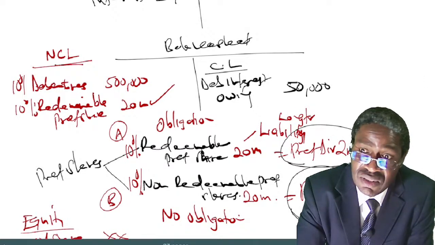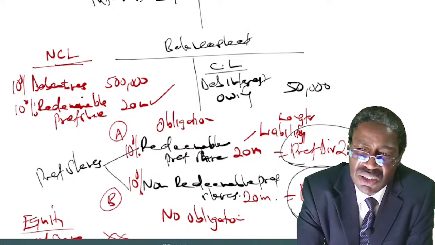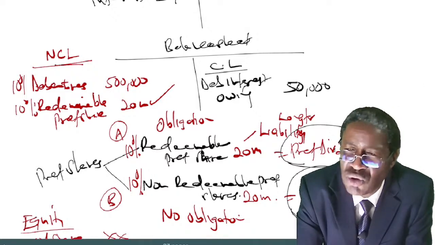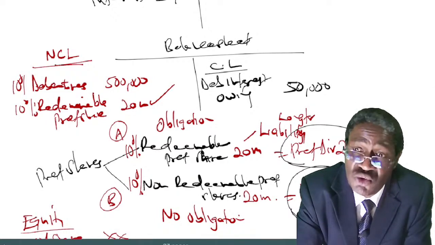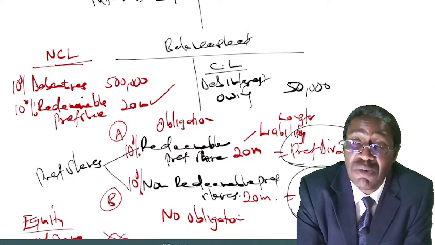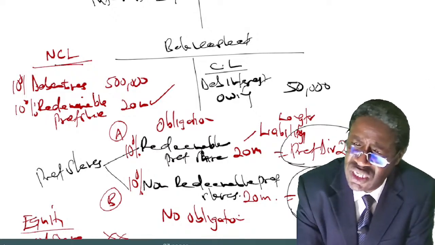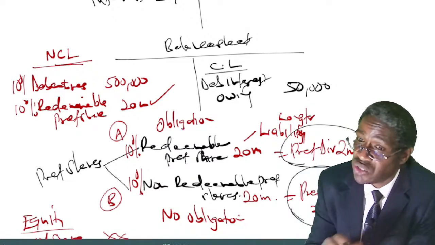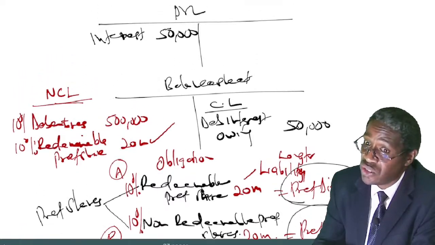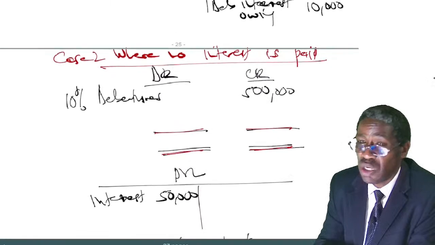Now, because you borrowed by issuing redeemable preference shares, the cost of borrowing, that 2 million on redeemable preference shares, should be considered as a finance cost, not as an appropriation of profit.